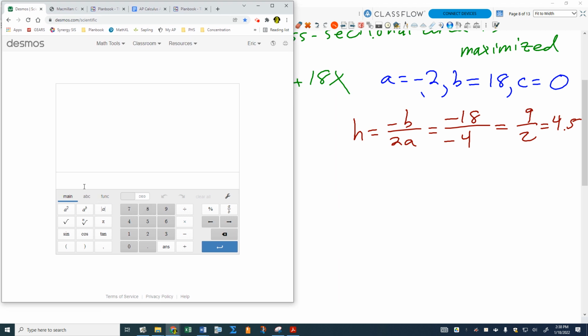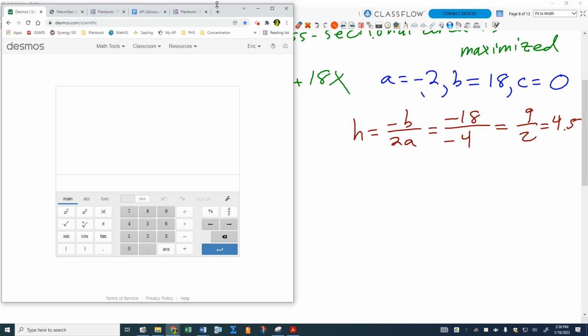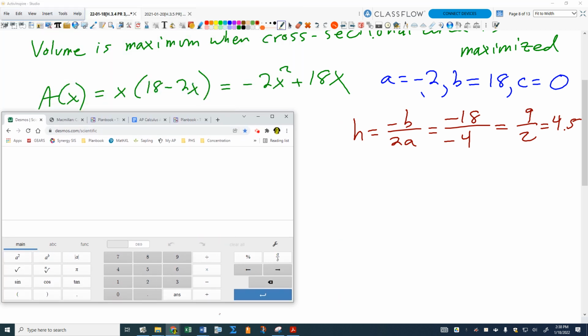So we're going to define a function. There's our function, A of x equals -2x squared plus 18x. Then I want to evaluate that at 4.5 or 9/2, so I'll just type A of 9/2, and look what it does.